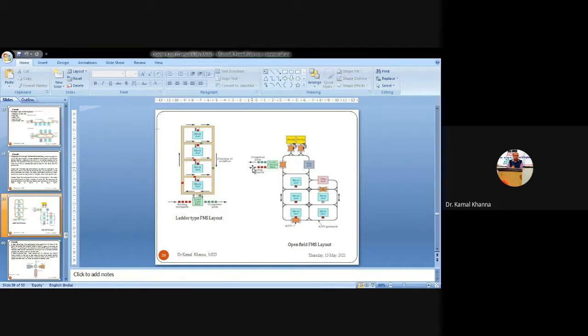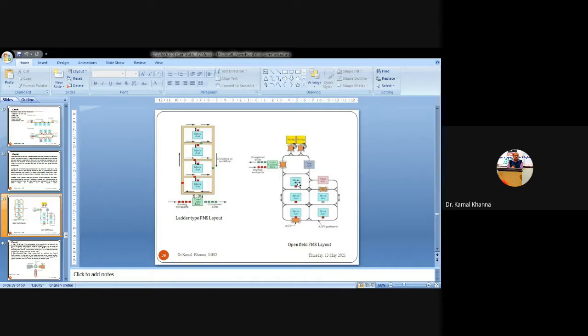Here the workpiece enters the line from this point, and here we have some input resources, and the workpiece flows in a particular direction as per the direction of the conveyor. So it can be processed on all the machines, or, let us say, if we need only three types of operations to be processed on a single specimen.